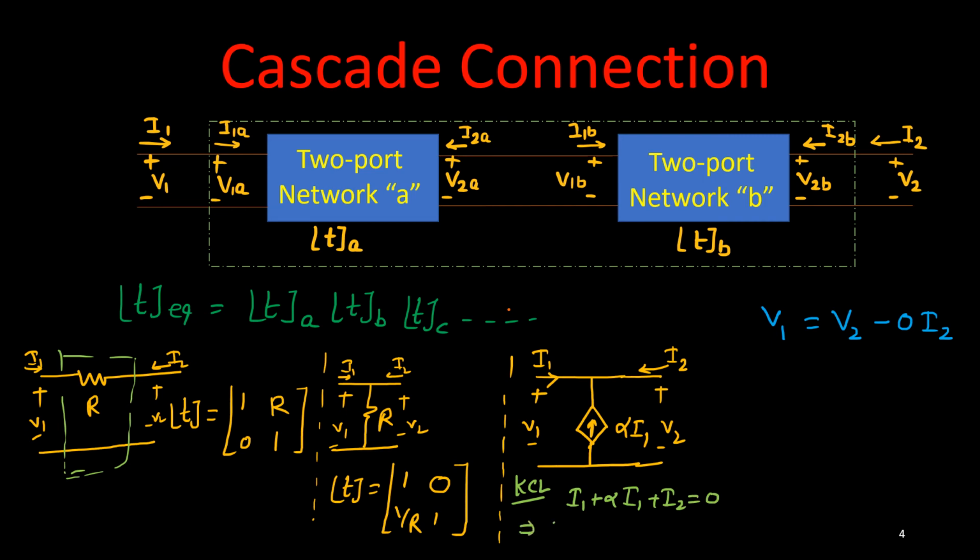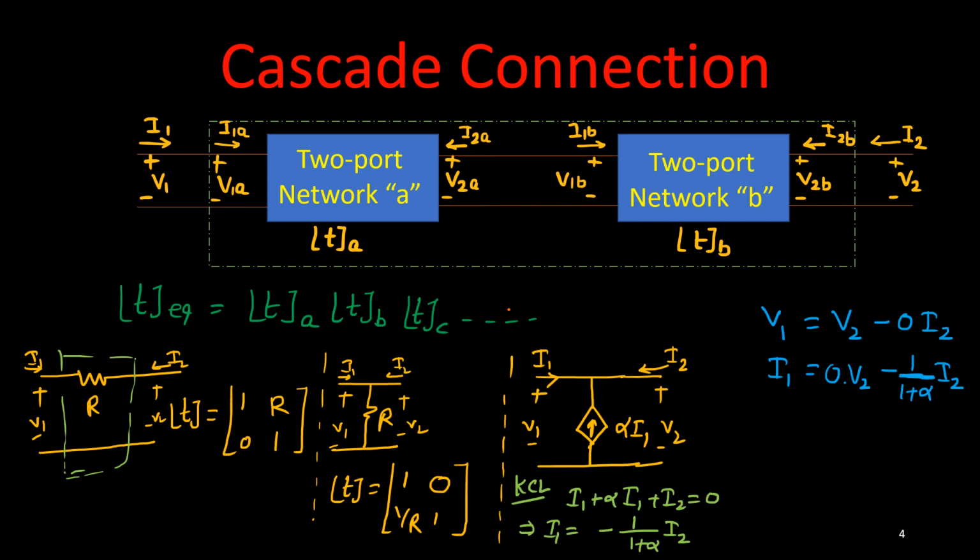So you can express I1 as minus 1 upon 1 plus alpha times I2. That is the second equation: I1 is minus 1 upon 1 plus alpha times I2. There is no component of V2, so 0 times V2. So what are the T parameters?